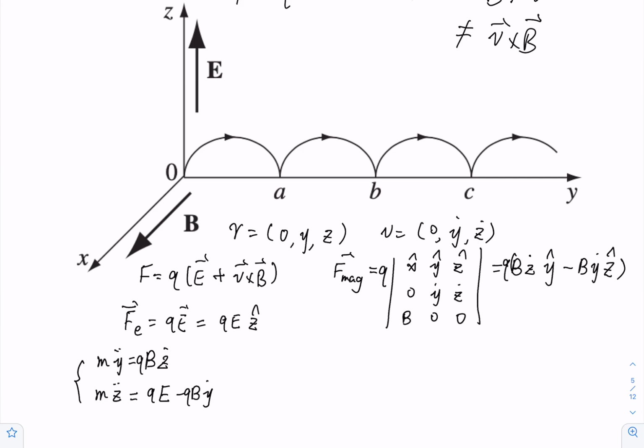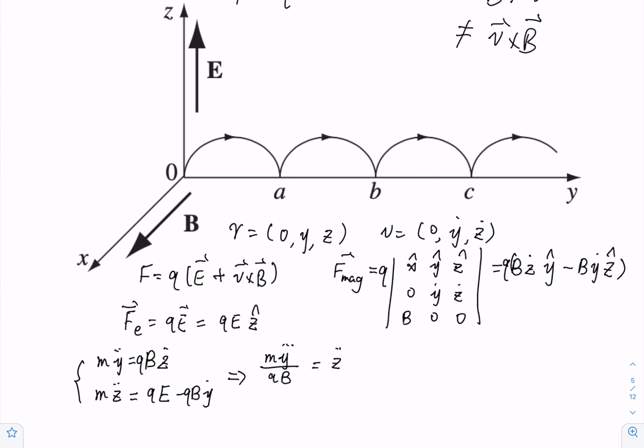So let's try to solve this equation here. The way we can solve this equation is to do a time derivative on the first equation. So that means y triple dot over qb equals z double dot.